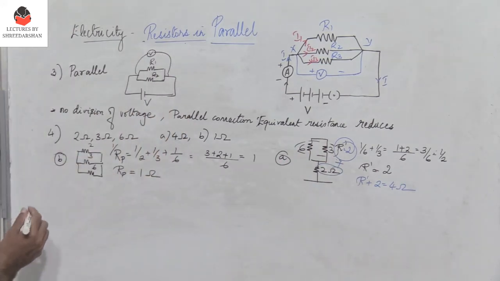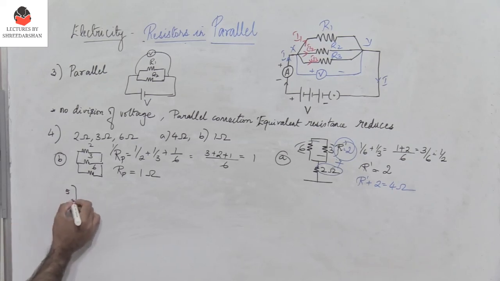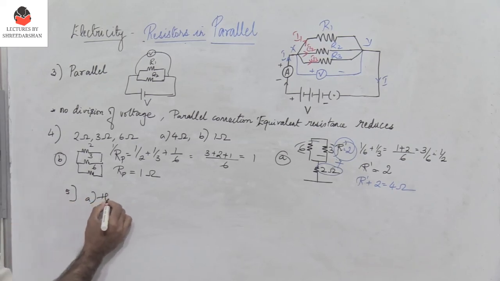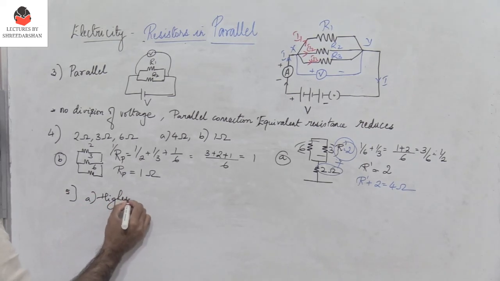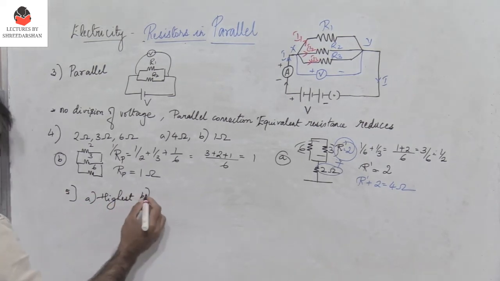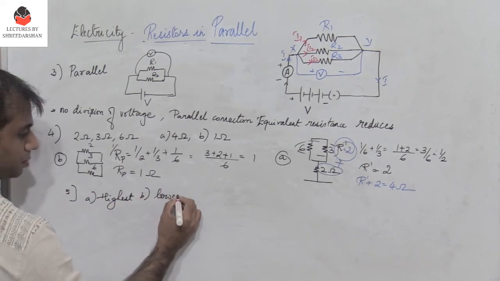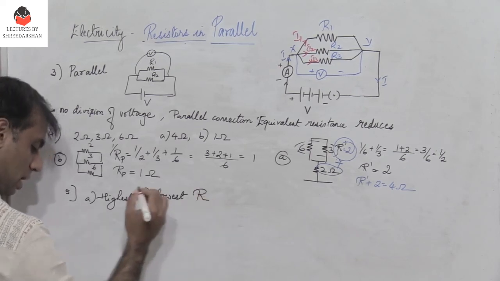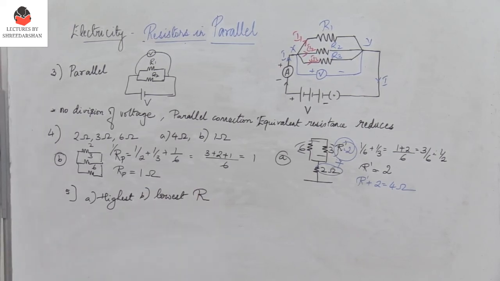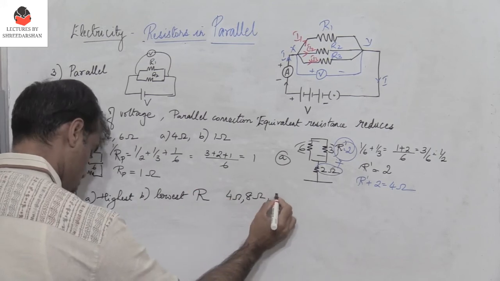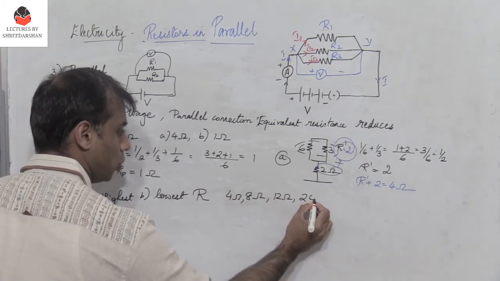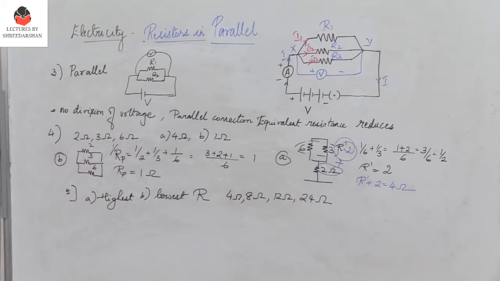Next, fifth one, what is A, the highest, B, the lowest resistance R if 4, 8, 12 and 24 ohm resistors are connected? So what is the highest? I have to connect all the resistors in series.